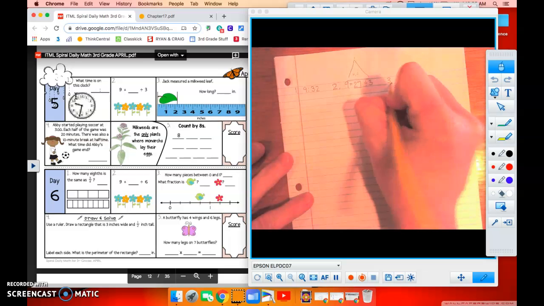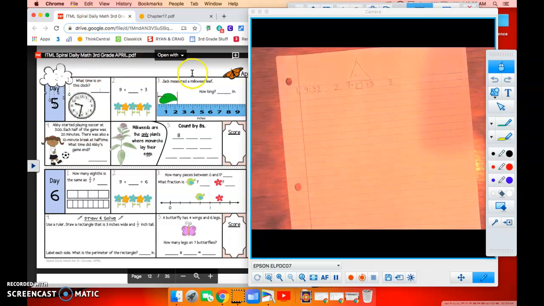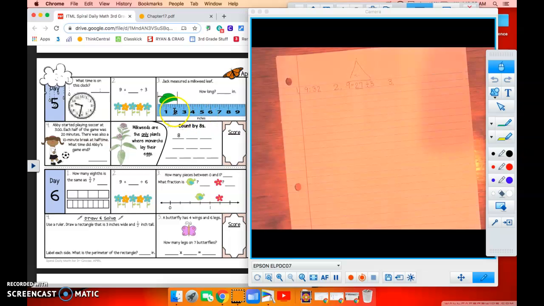Number 3. Jack measured a milkweed leaf. How long? And this is in inches. So I'm going to zoom in just so we can see it a little easier. I see a 2 inches, so it's not quite 3 yet. So it's 2 something. Now let's count the number of pieces between the 2 and the 3, right? So I see there's 1, 2, 3, 4.